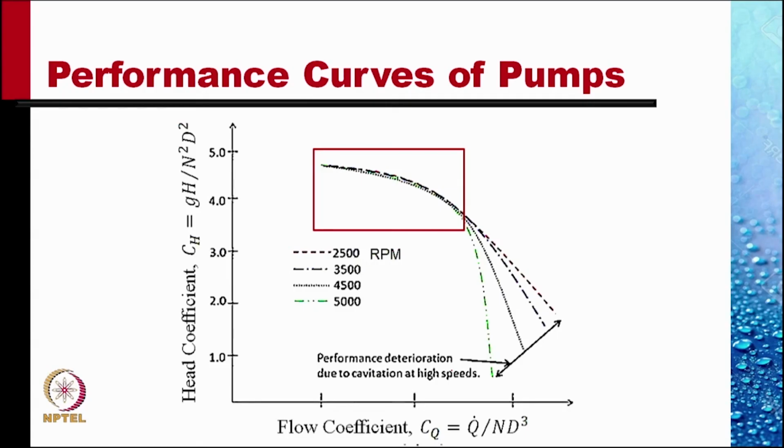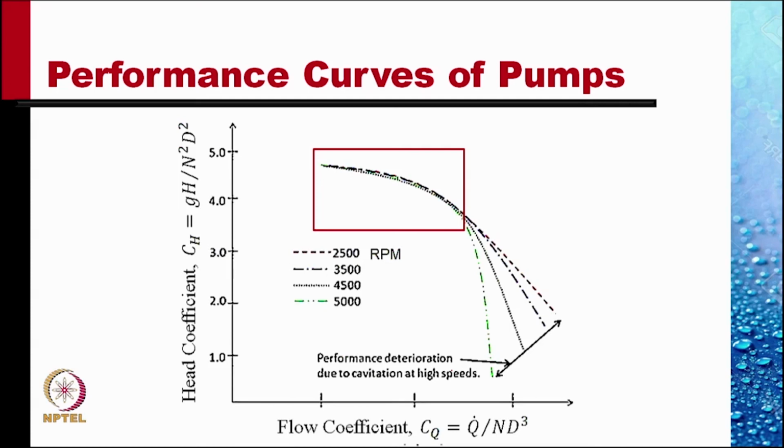The deviation at higher speeds is largely due to cavitation that takes place at higher speeds. And the higher the speeds, the earlier cavitation takes place.